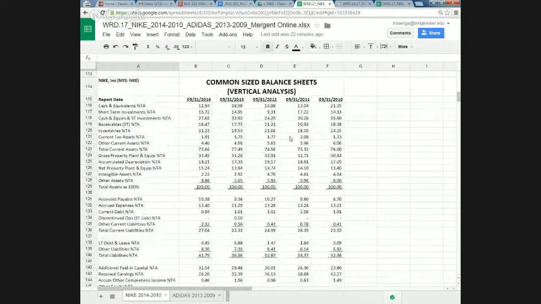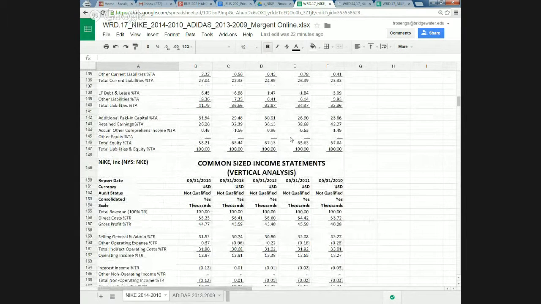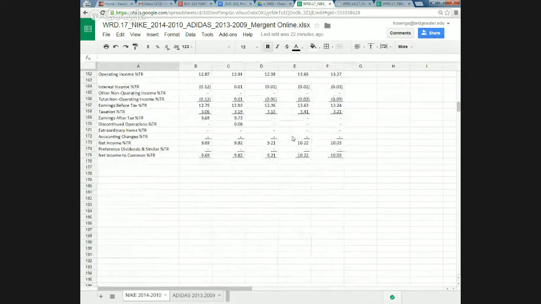In addition, what Mergent Online does is to create the common size financial statements and the growth rates that you see discussed in the beginning of the chapter. So oftentimes that information already is done for you.